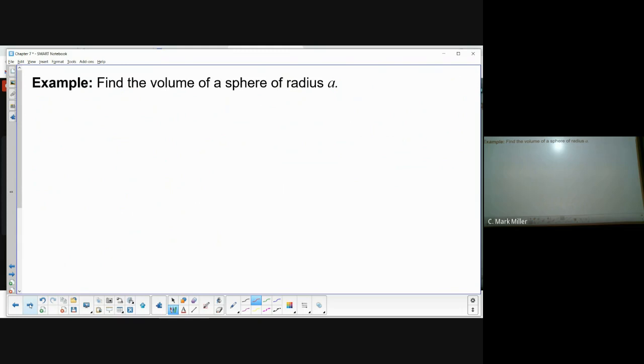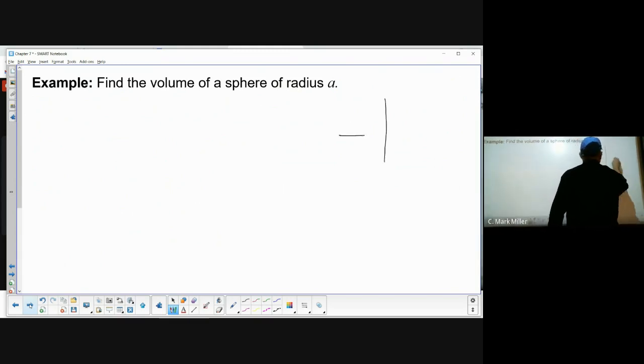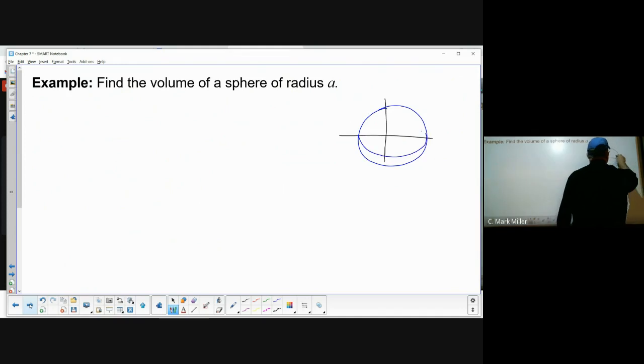Now, the volume of a sphere of radius A. We have to represent that volume as a rotated solid. So, let's go over here. A sphere of radius A. There's my sphere.